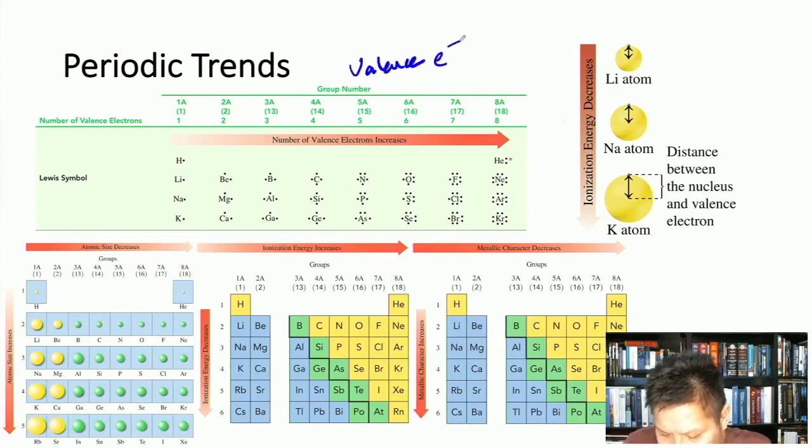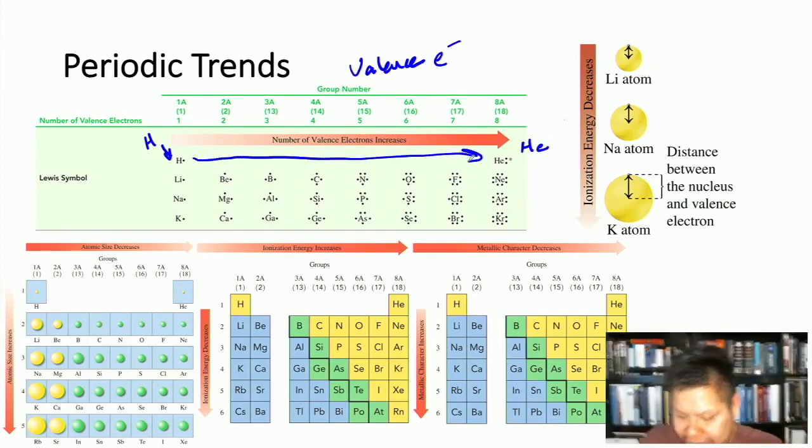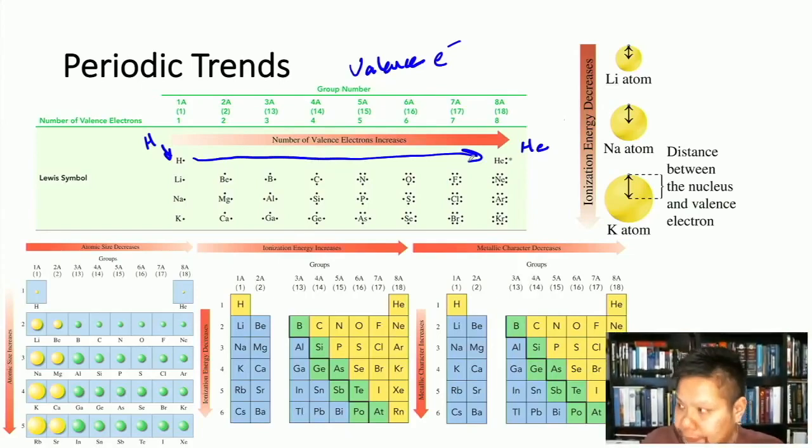As you go across the periodic table, with hydrogen over here and helium on the other side, from the left to the right, the number of valence electrons increases. Let's use lithium because it's in a row with a lot of other ones.